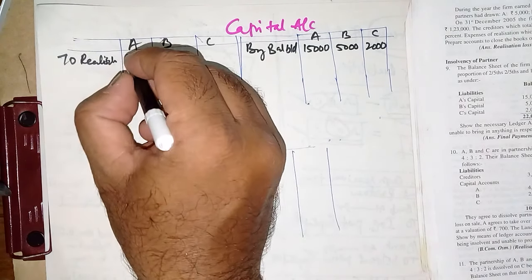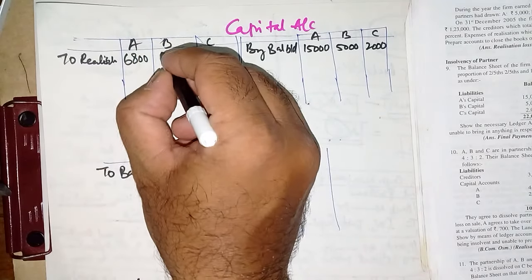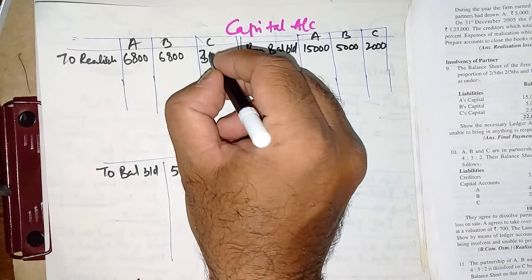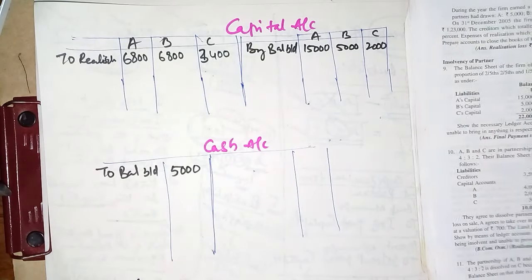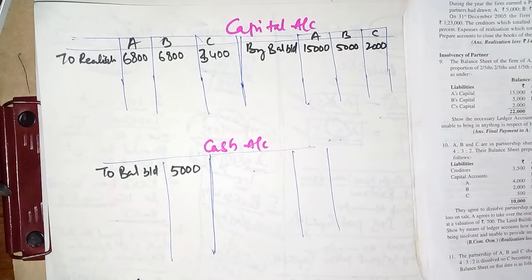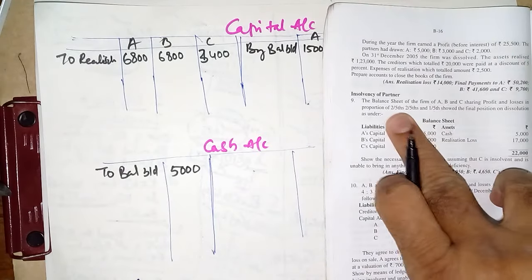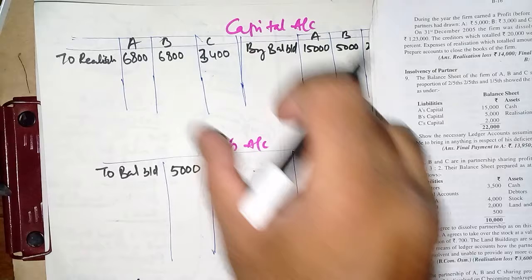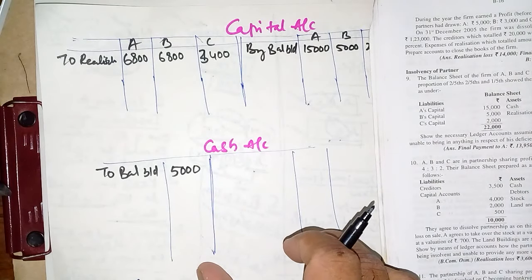So the loss would be 6,800, 6,800 and 3,400. When I have divided 17,000 in the ratio of 2 is to 2 is to 1, I got this.